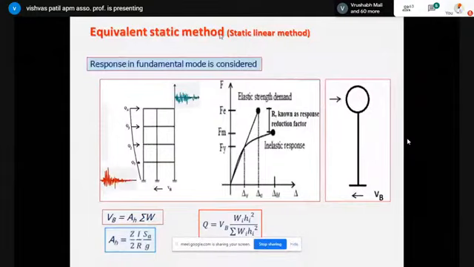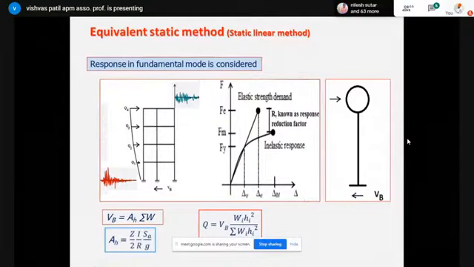In this, what we are doing is converting the earthquake induced forces into equivalent static loads. This force is applied at the different floor levels at one time, only at one time.